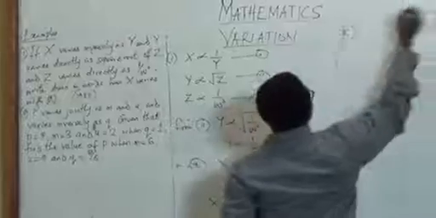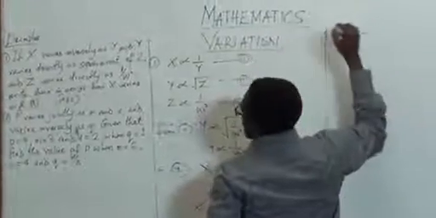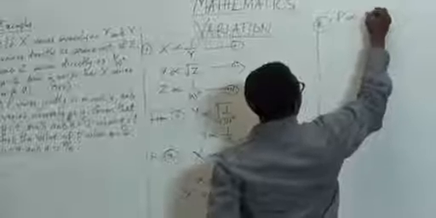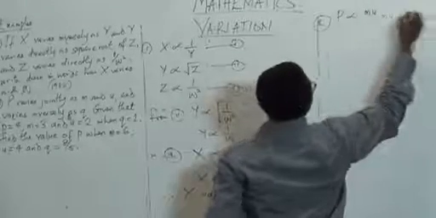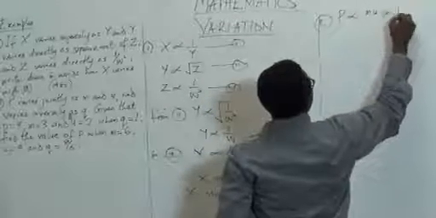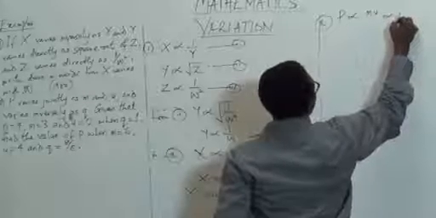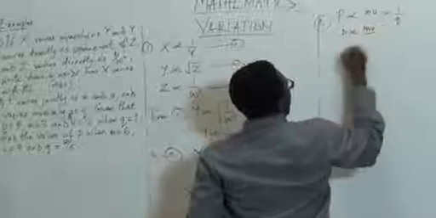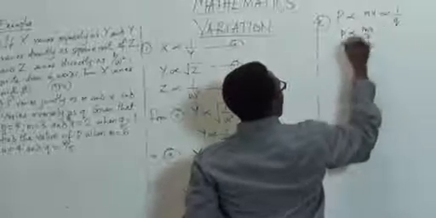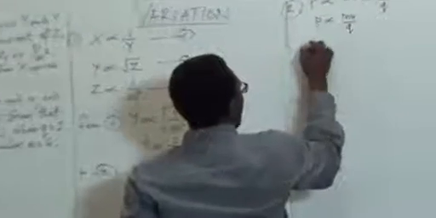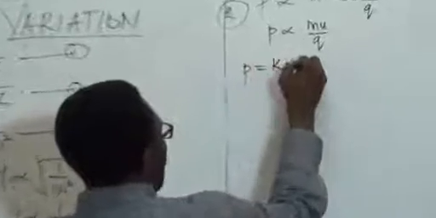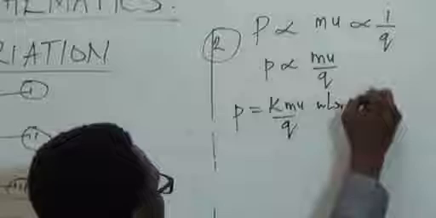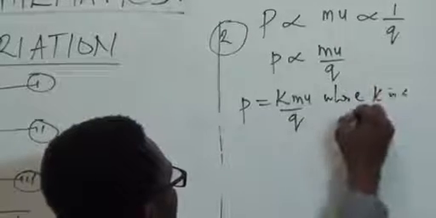P varies jointly as M and U, so that is MU, and inversely as Q, so that's 1 over Q. So we put it together, MU all over Q. We introduce our constant, so we have P equals K MU all over Q, where K is a constant.